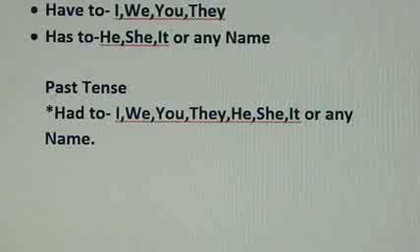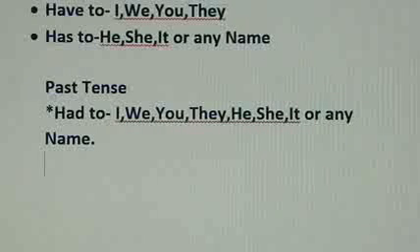Suppose your friend comes to your home and tells you, please come with me, and you don't want to go with him, and you tell him that I cannot go with you, I have to study. It means what? You are compelled to do something over here. Okay, let's see the example.